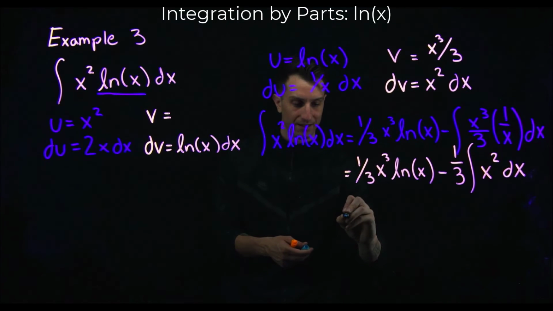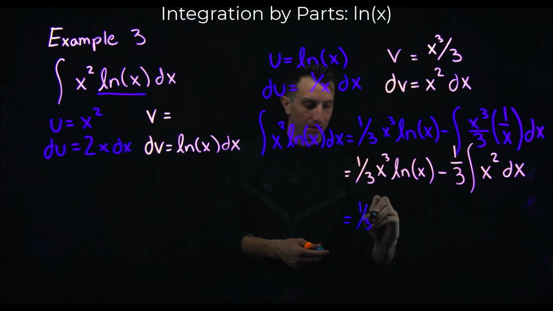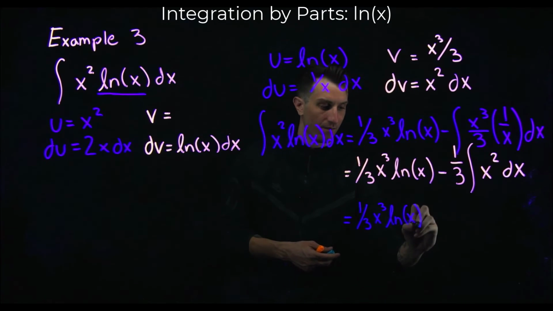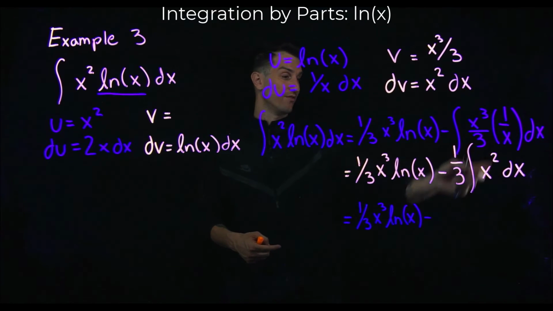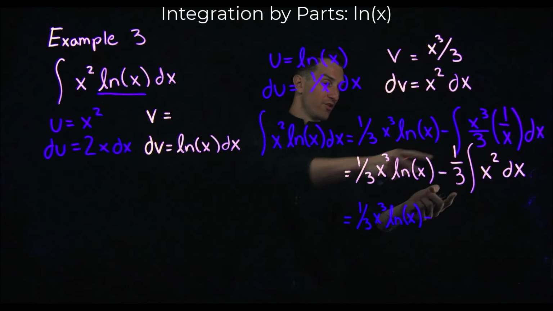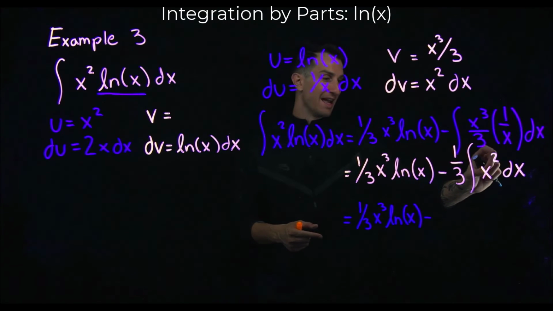So our final answer is going to be 1/3 x cubed natural log of x minus, well, let's pay attention. What happens here? We're going to add 1, divide by 3. Right, so this is going to be x cubed over 3, and we have another 1/3 here. Right, so I know I'm doing steps all in one motion, but again, x cubed over 3 is what this integral will turn into, times another 1/3.